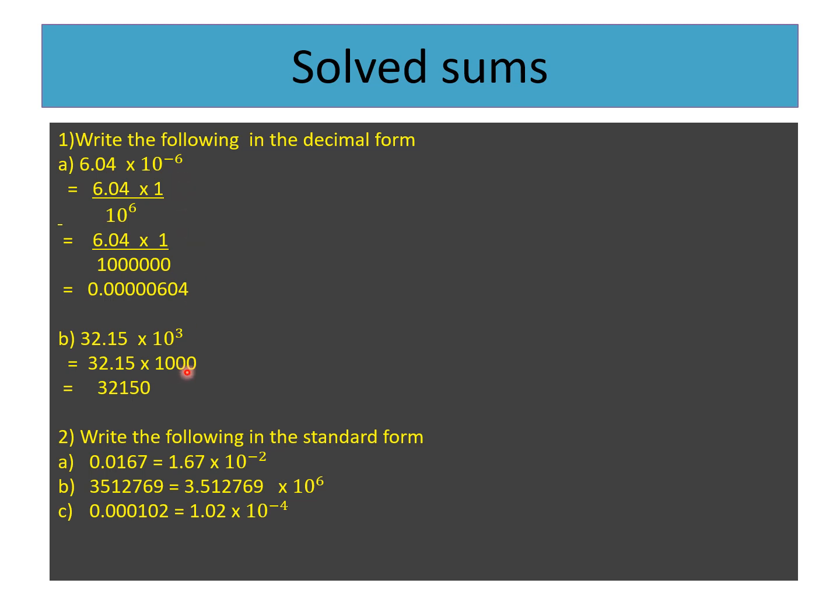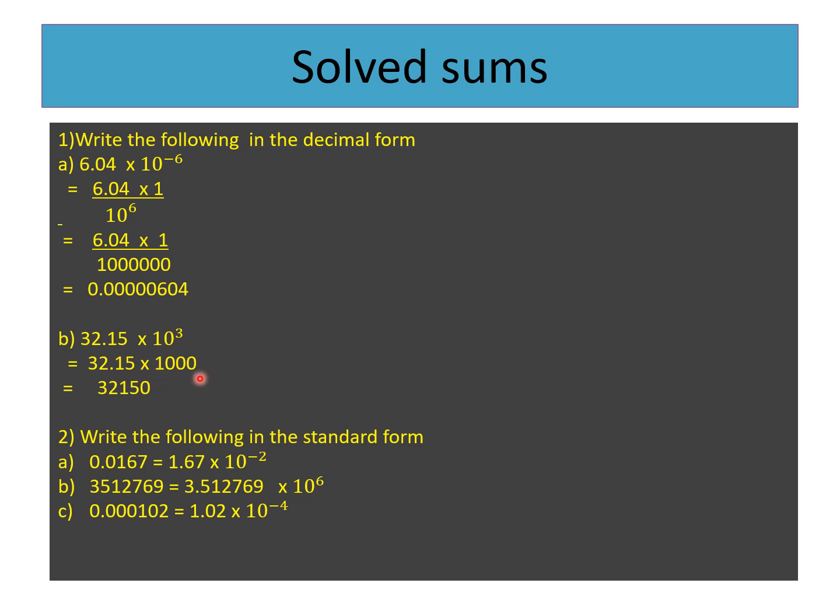The next sum, 32.15 into 10 to the power 3. The first method, you have to express 10 power 3 as 1000. Why we are doing this? For the convenience of keeping the decimal point. 32.15. In the multiplication, we have to move the decimal point to the right side.